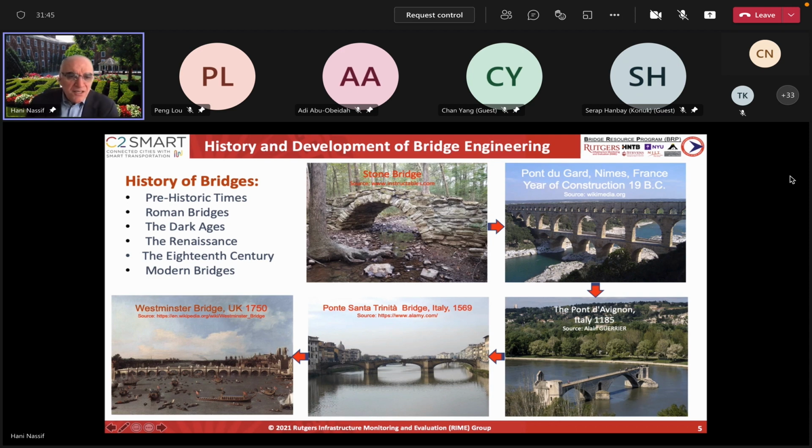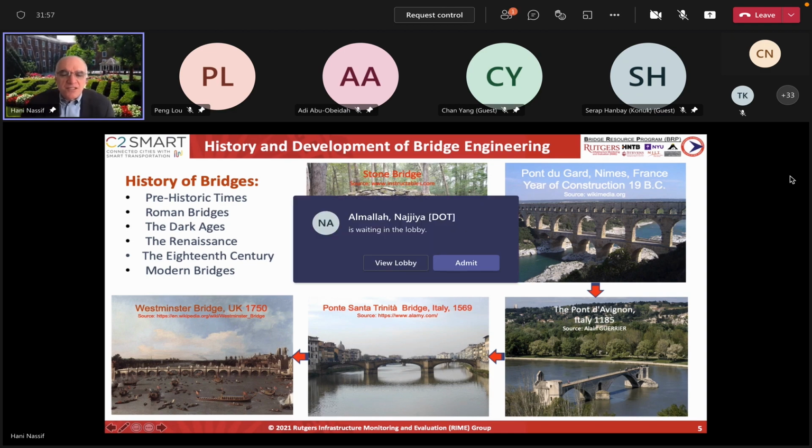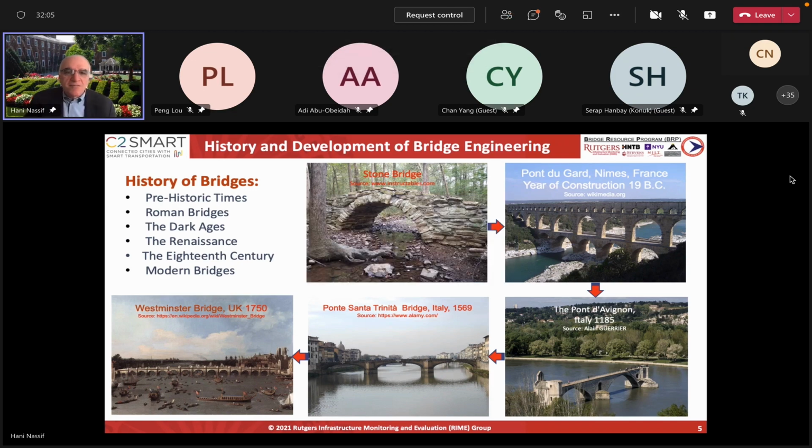And then it evolved over time until the 18th century, when cast iron started to come into play. So you can see how when materials evolve, the bridges and even buildings become better and longer and more daring.